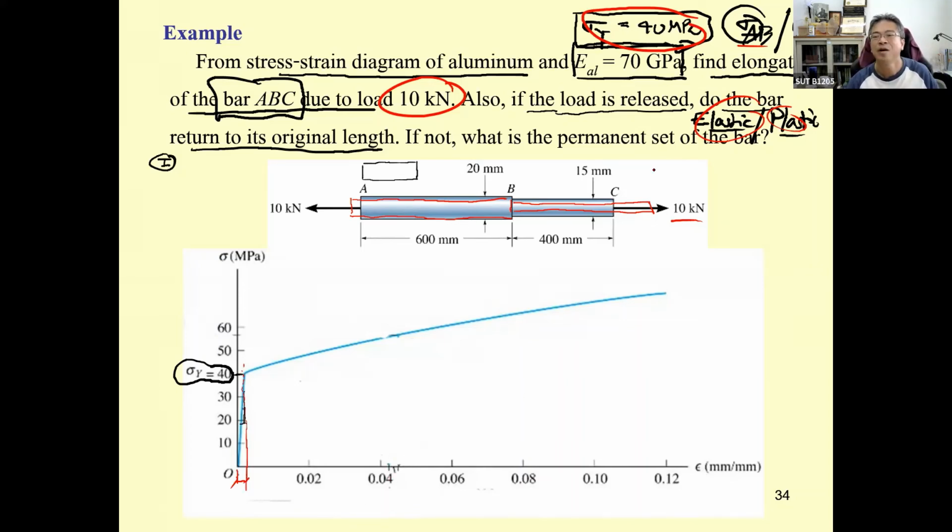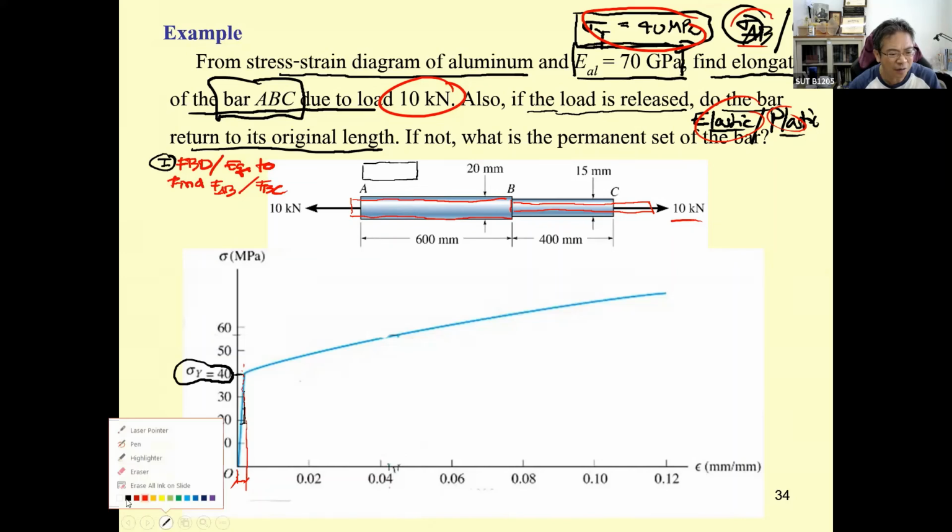So, to determine the stress, the first thing you have to do is draw the free body diagram, and then use the equation of equilibrium to find F sub AB and F sub BC. You set this one to be Y, this to be X, and this portion is subjected to 10 kilonewton.